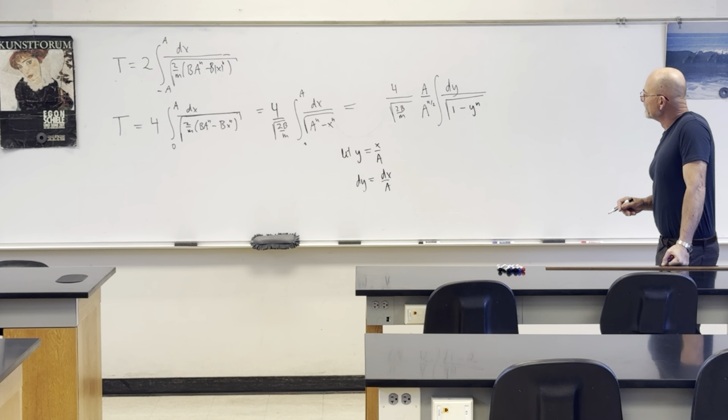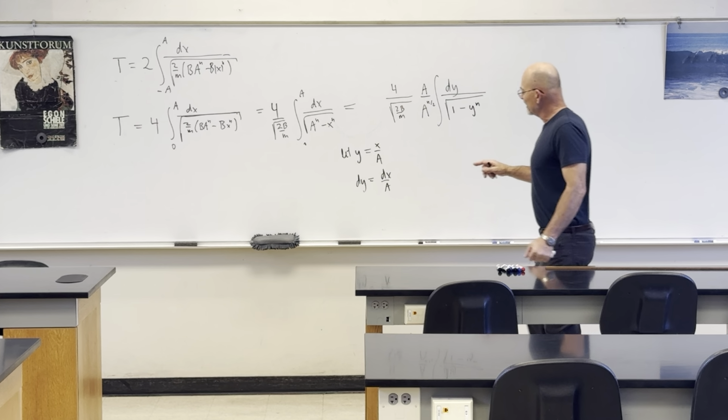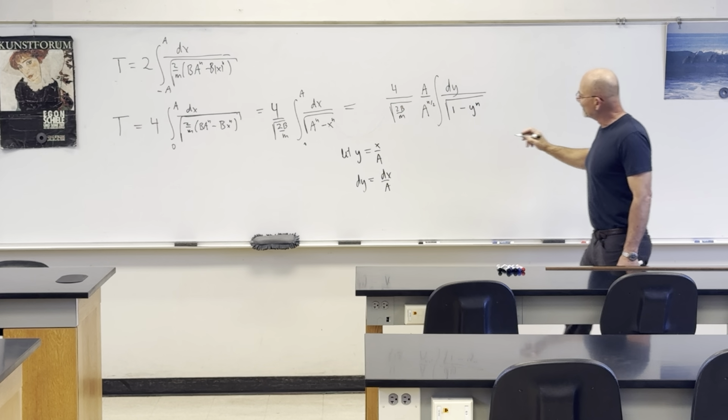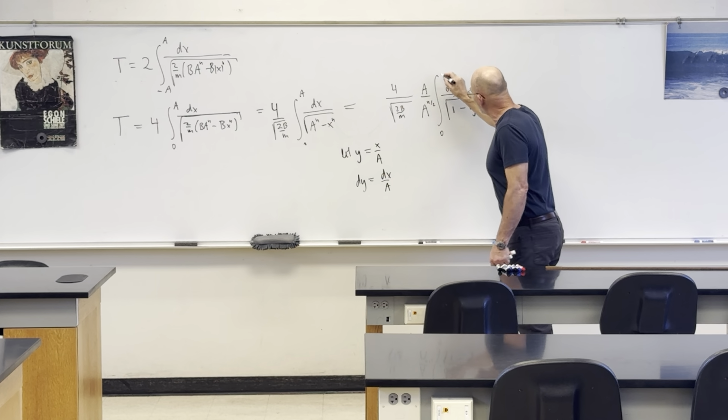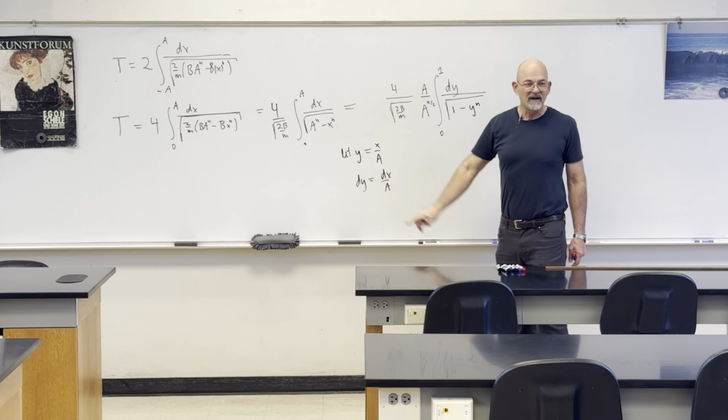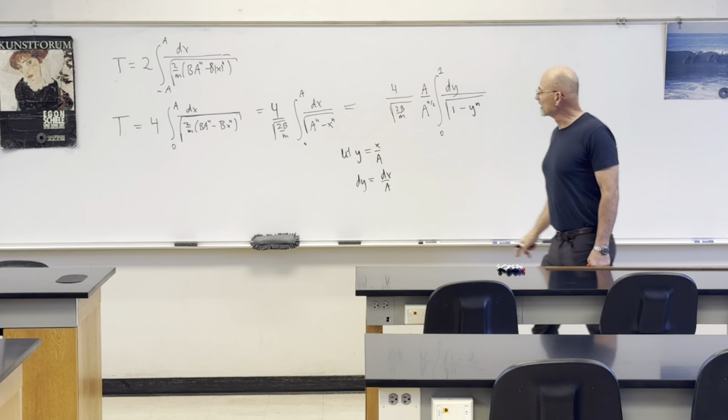When I did the x to the n, I had a to the n, y to the n under the square root, so I was able to pull a to the n over 2 out of the square root. And I claim the limits of integration are now 0 to 1. So this integral is just a number, and all of the physics is out here with these constants. So we're going to clean them up a bit and see what we get.